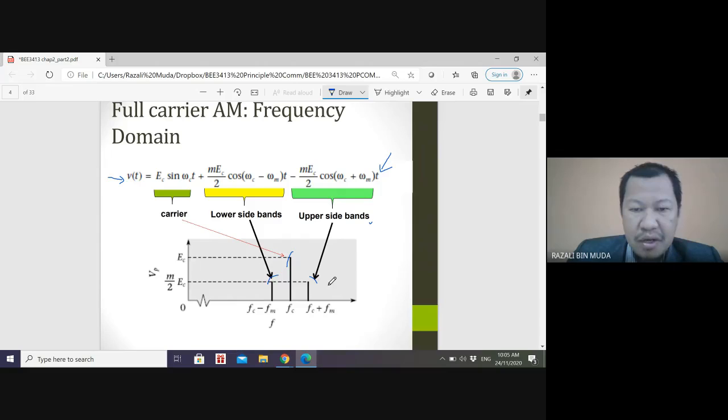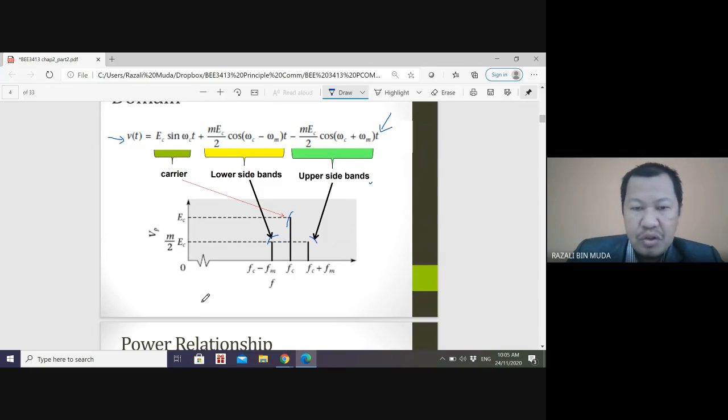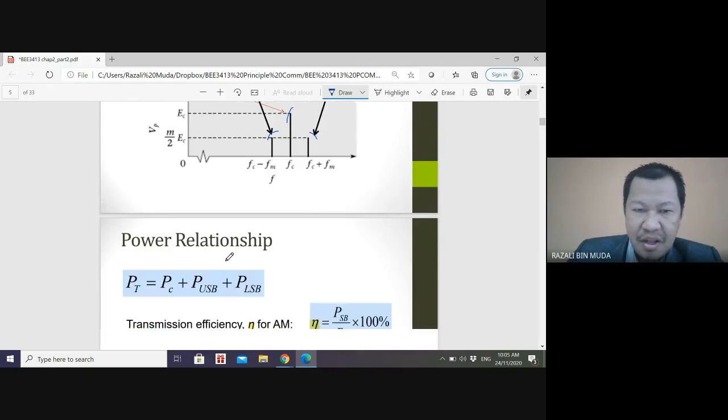Actually, we have another one, the fourth component, which is the information signal, omega m or fm, but it is usually not shown in the graph of frequency domain, because fm is far lower compared to fc, so you cannot see it in the graph.